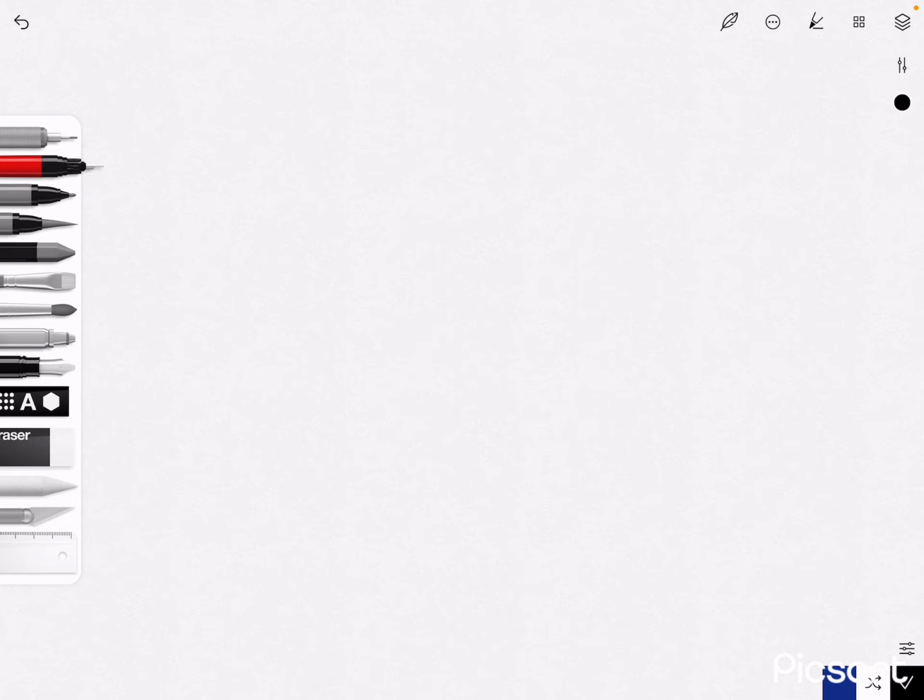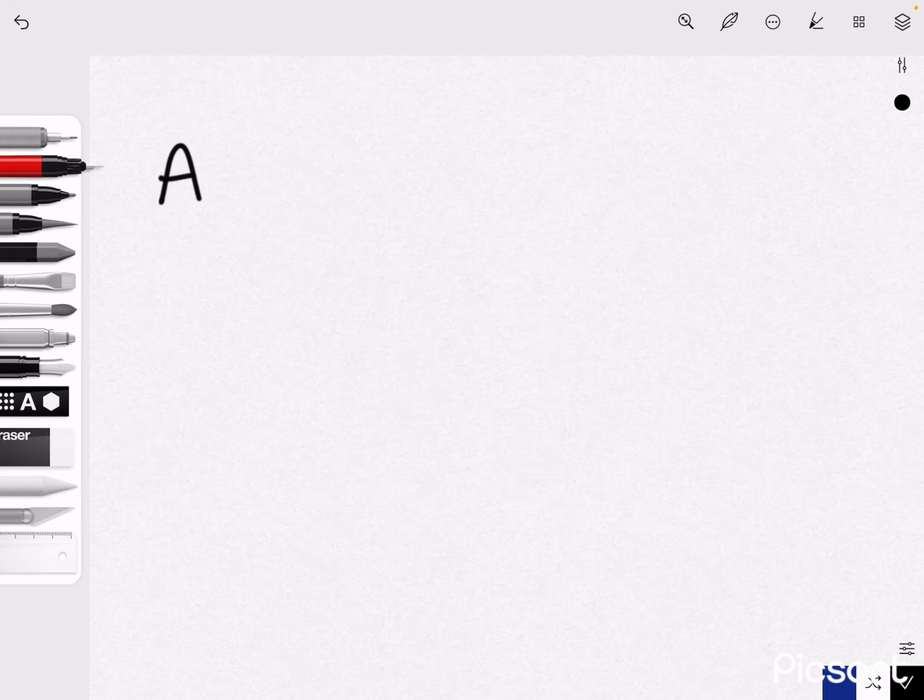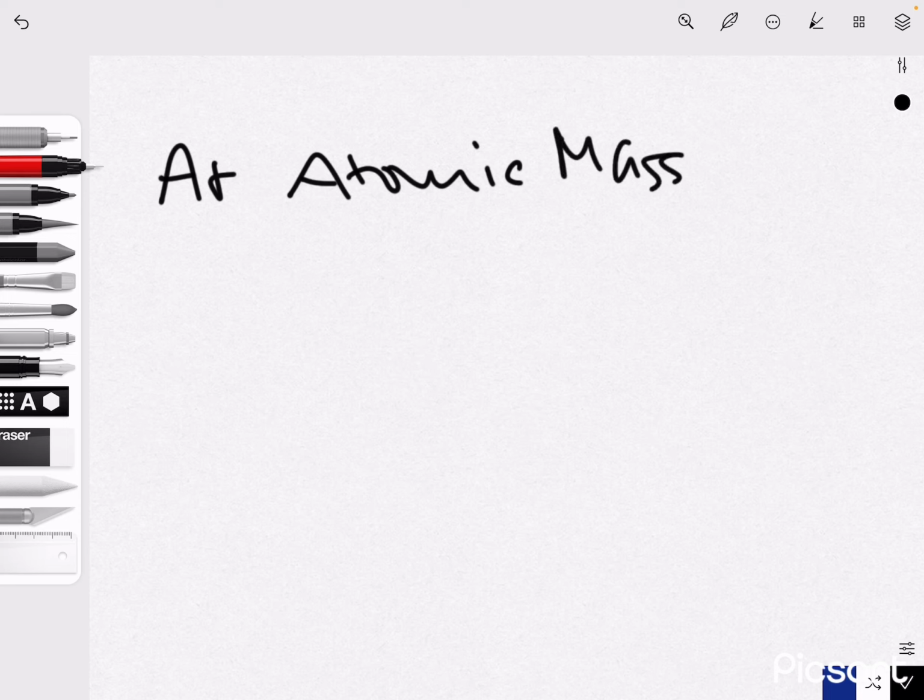Secondly, looking at 1.4.2, we have to know the definition of Ar. This is the atomic mass, and 1 unit of atomic mass is defined as 1/12 of the mass of carbon-12.